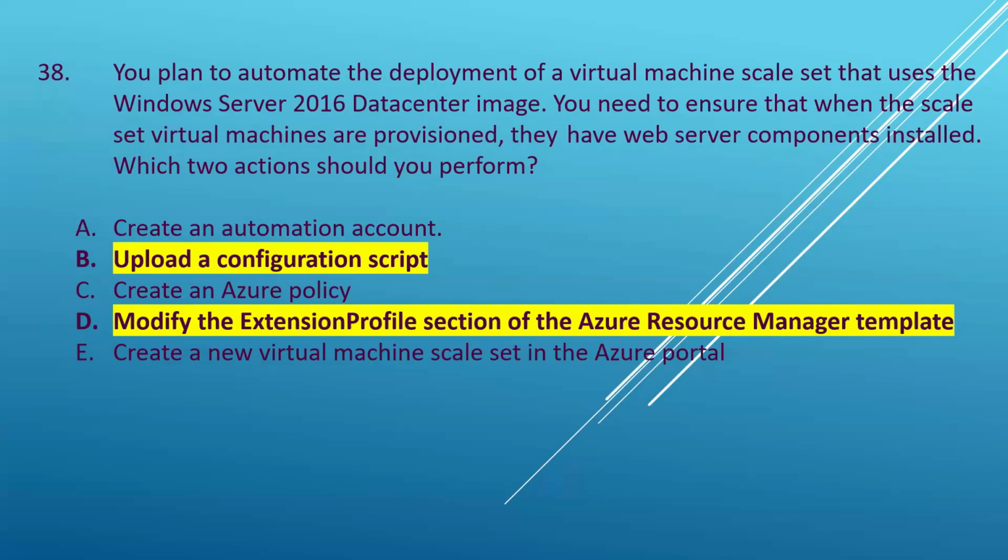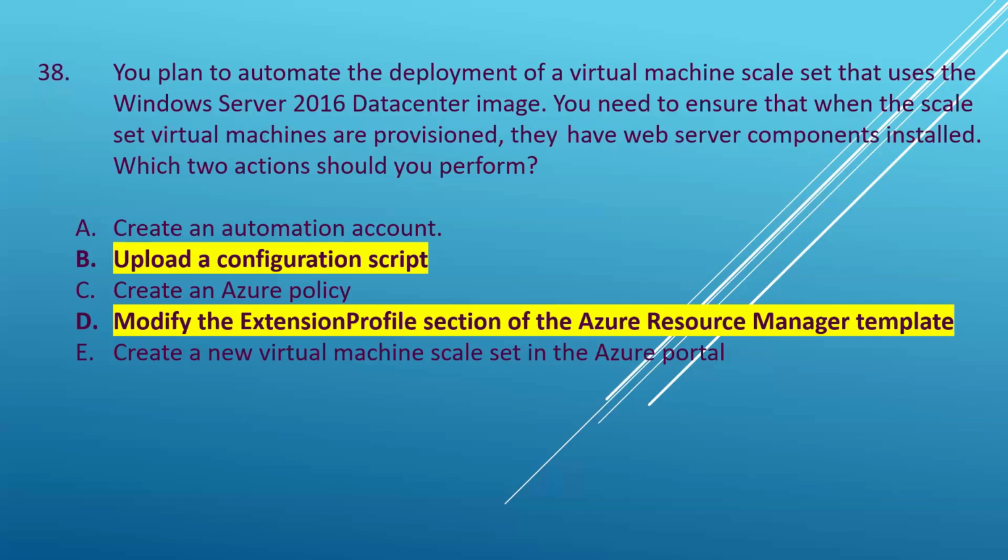Try to eliminate the options. It is a very good way to deal with questions in any of the certification exams. Try to eliminate the wrong options and then it will be very easy for you to answer. The next option, which is option C, is related to Azure policy, which is again incorrect as policies are used for governance.